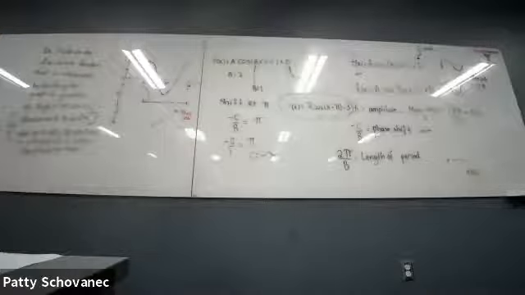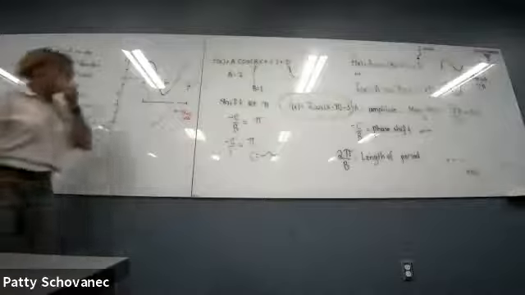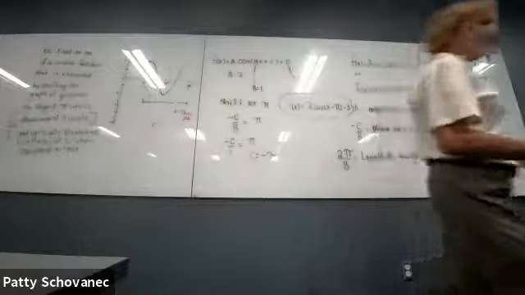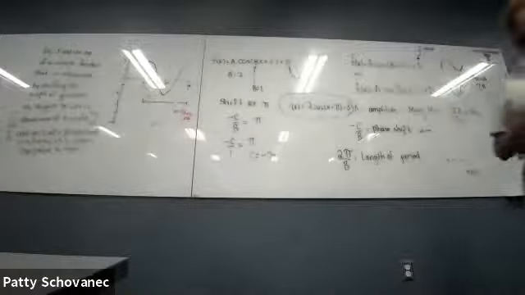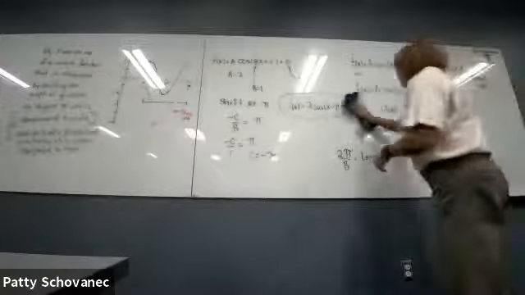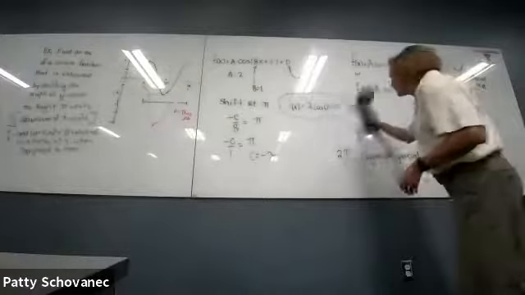So in sections 4.3 and 4.4, the task is to graph tangent of x, cotangent of x, secant of x, cosecant of x, and then see what their periods are and how these numbers affect them.